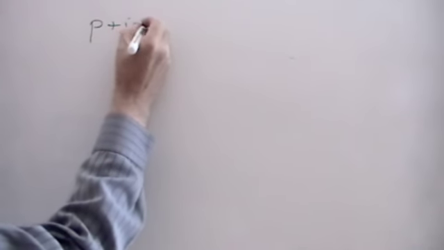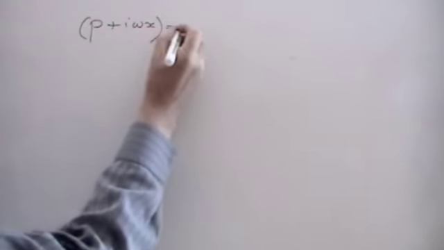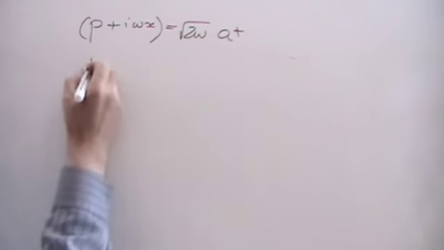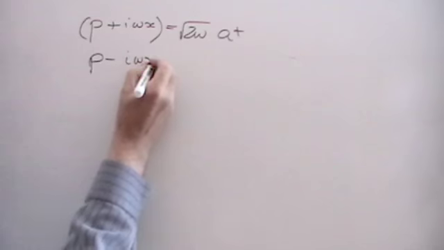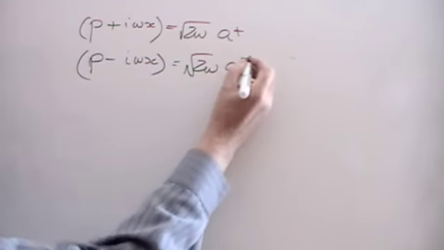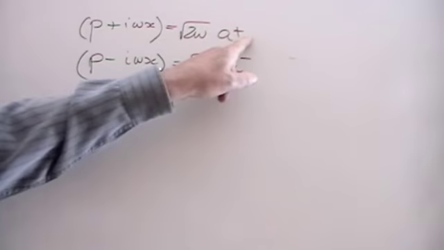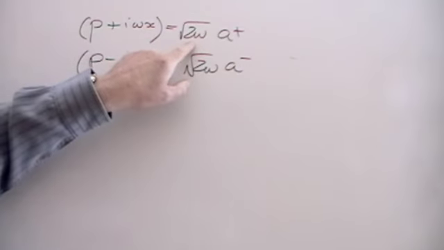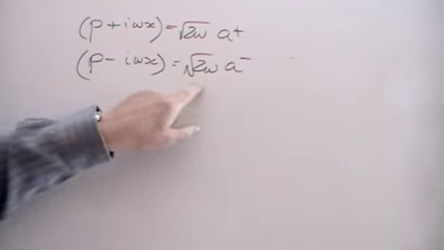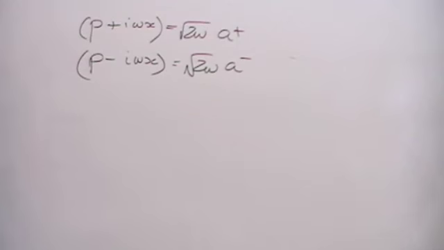Well, you'll see that p plus i omega x is equal to the square root of 2 omega times A plus, and p minus i omega x is going to equal the square root of 2 omega A minus, because we defined A plus to be this term divided by the square root of 2 omega, and we defined A minus to be this term divided by the square root of 2 omega.